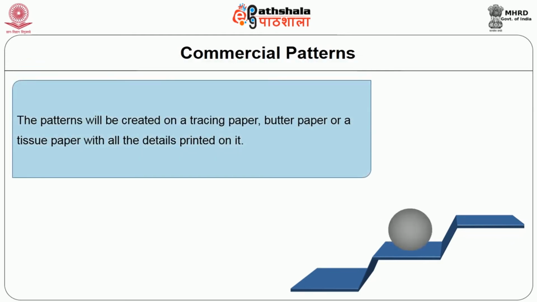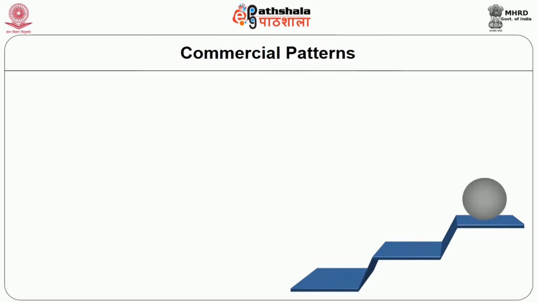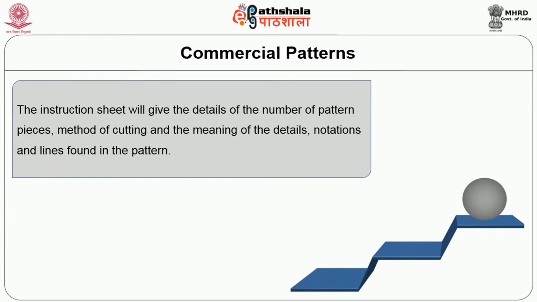The patterns will be created on a tracing paper, butter paper or tissue paper with all the details printed on it. The instruction sheet will give the details of the number of pattern pieces, method of cutting and the meaning of the details, notations and lines found in the pattern.